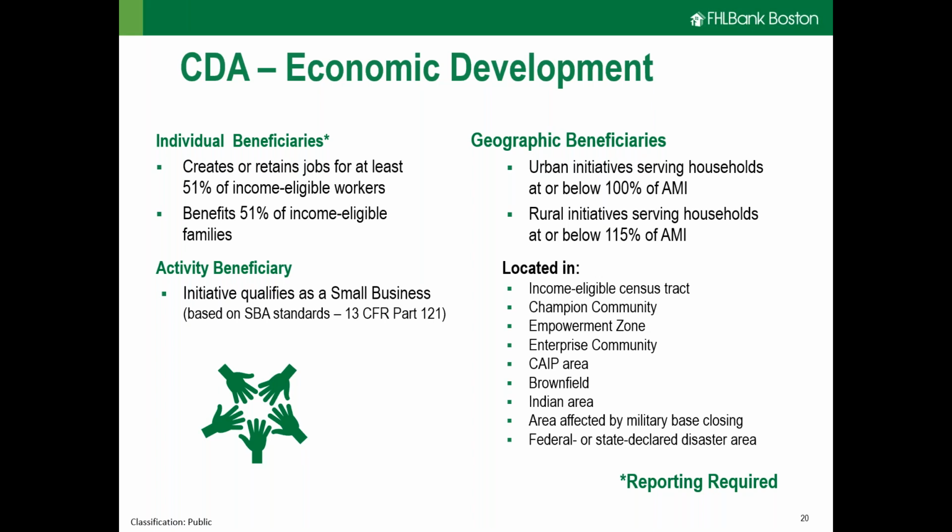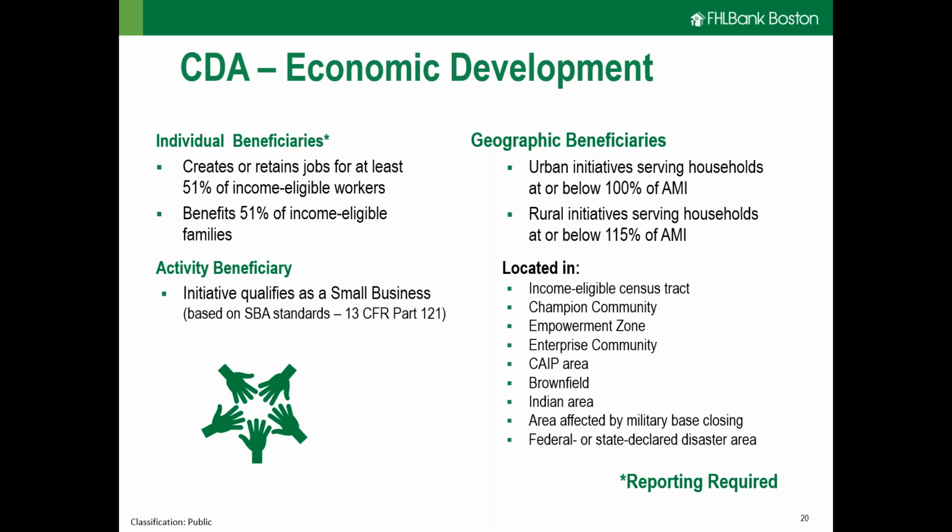If you don't have any of the automatic qualifiers that are noted here under located in, with the champion, CAPE, and so forth, you can also look to whether or not the business is creating or retaining jobs or benefiting income eligible families. Those two eligibility options, like I said before, do require some reporting or additional documentation.